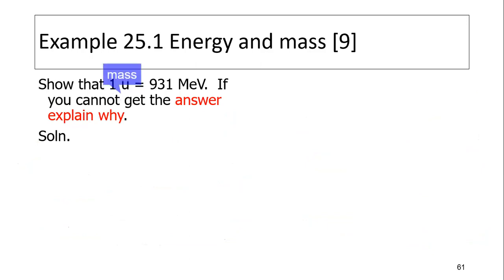U is in kilogram, it is mass. Mega electron volt is energy. So convert your 1 atomic mass unit to kilogram first. Then use E equals mc squared. How many kilogram is that?